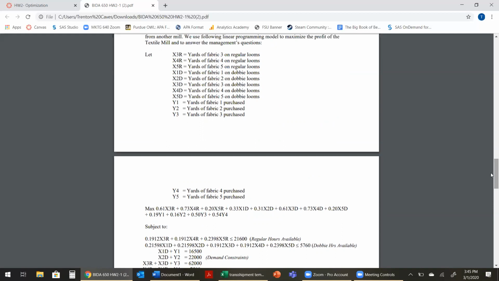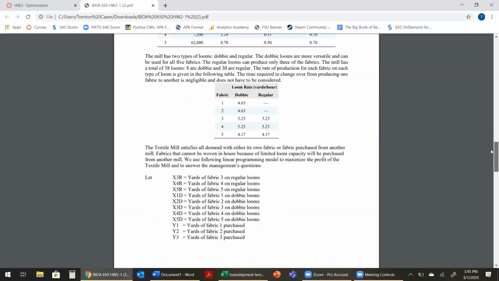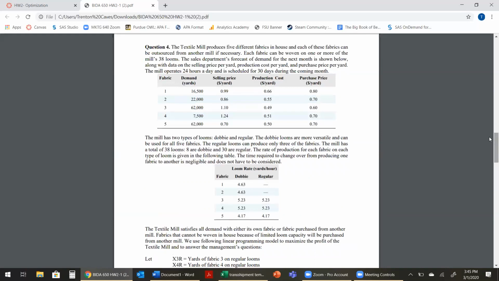And we're trying to maximize our profit. Our profits are in our table. It's the selling price minus either the production cost or the purchase price, depending on whether it's produced or purchased. And it's based on fabric and loom.